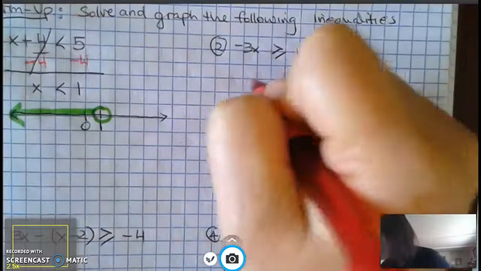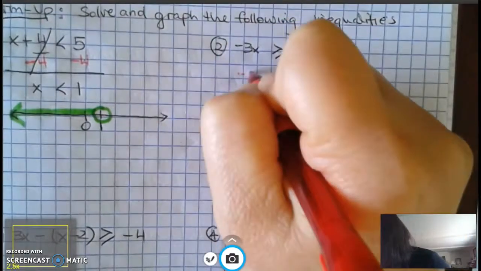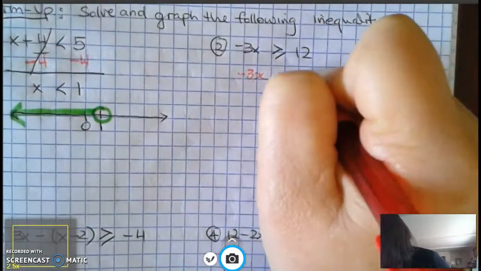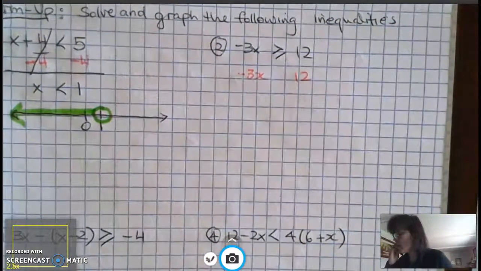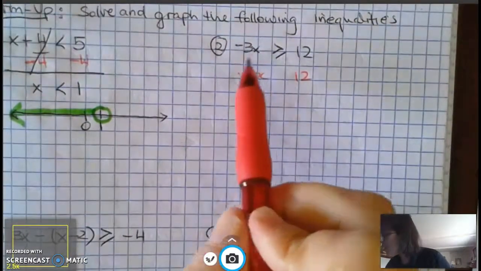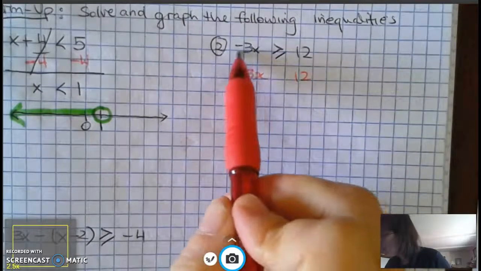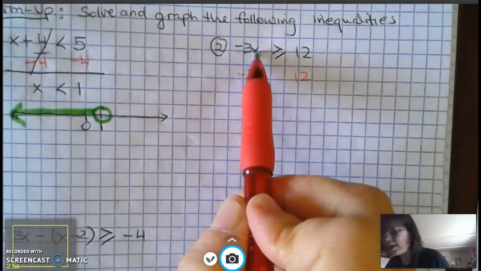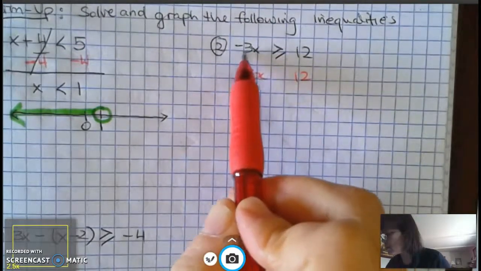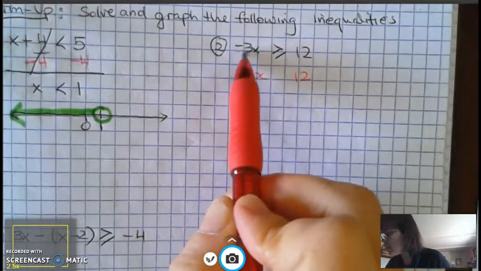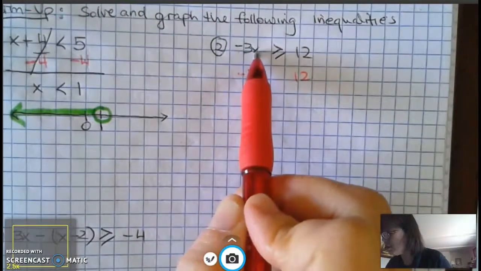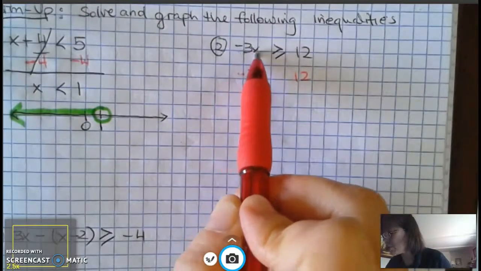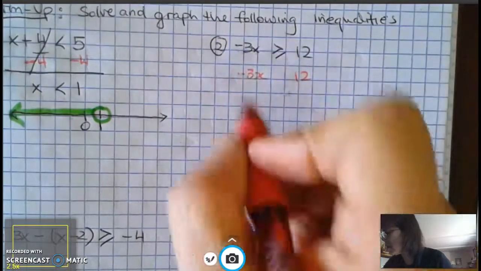Now, I am actually going to rewrite this as it is. Negative 3x and then 12 as it is, and you will know why in a minute. So I need to get rid of this negative 3 because I want to have x by itself. I don't want this negative 3 around x. And what is negative 3 doing to x? It's multiplying to x. So what is the opposite of multiplying by negative 3?